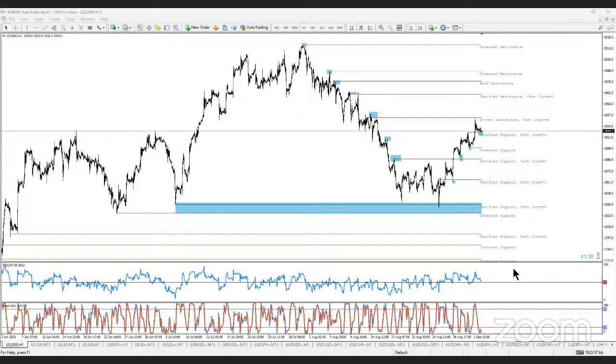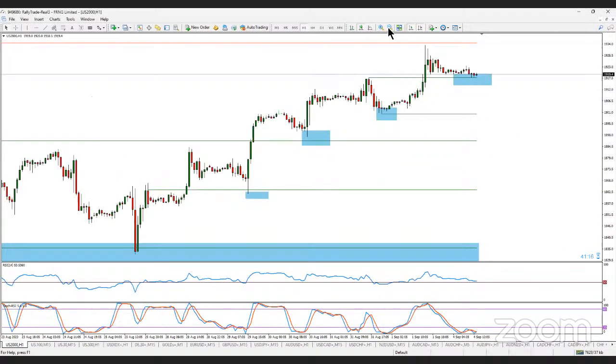Do you understand? So I know that I'm looking for buys, right? But in these buys, look at what is happening here. The market will go up and form lower lows. This is a high.